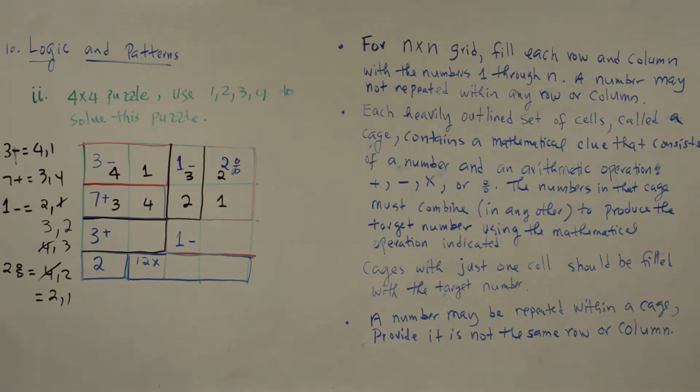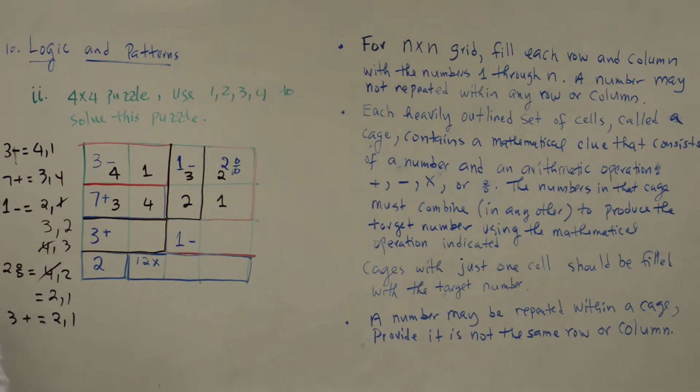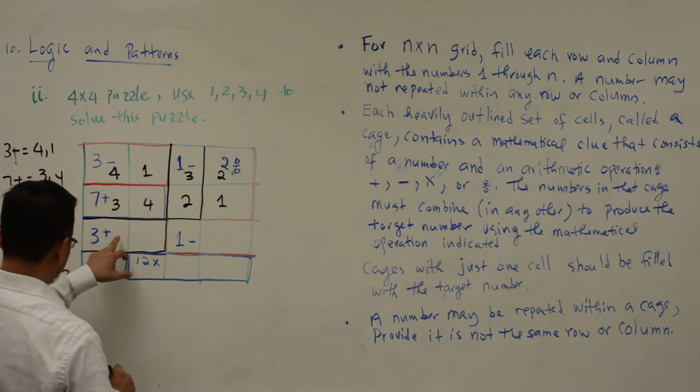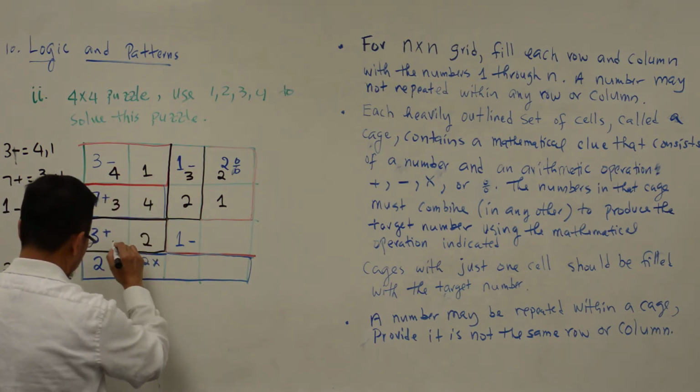Now let's look at 3 plus, addition. 3 can be what? Can be 3 plus 2 and 1 only, right? So we cannot use 1 here. You have 2 here, then it becomes 1.